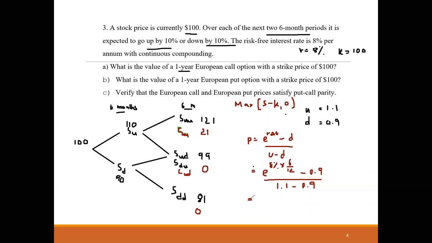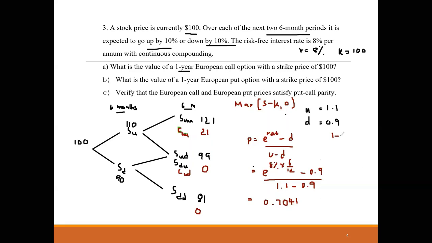Please do the calculations with me, so it would be clear. I will round it up. The probability of upward movement would be 0.7041. Then what would be the probability of the downward movement?